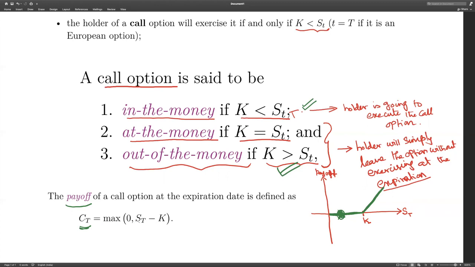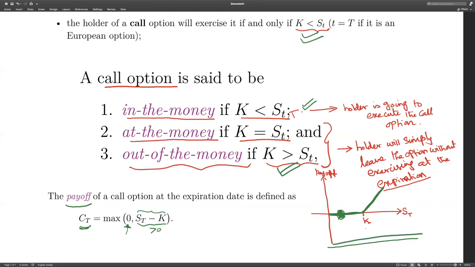It means if this term is positive, then S of T is greater than K, as we have already seen, and the holder is going to execute the option and get the payoff, which is the difference between these two. Otherwise, the holder is simply going to throw it away and walk off. Therefore, in that case, the payoff is nothing. So the payoff graph is therefore given like this.